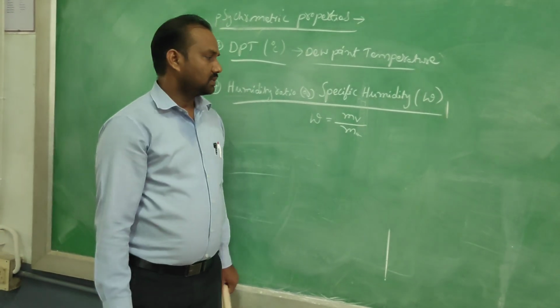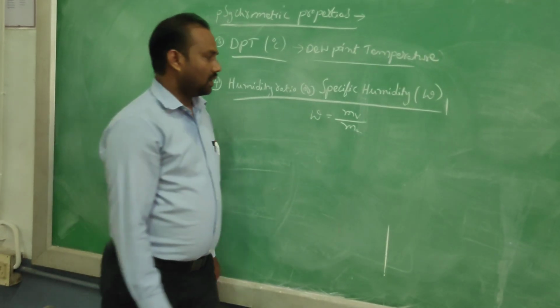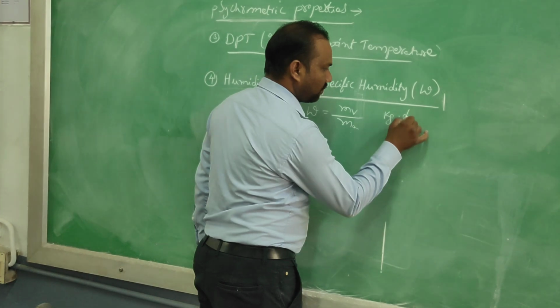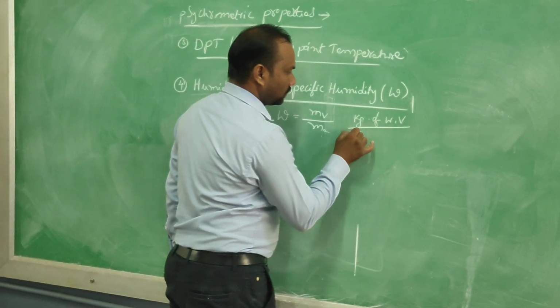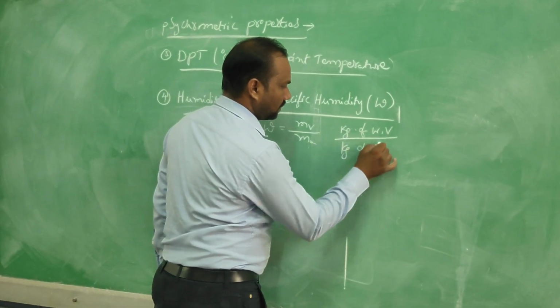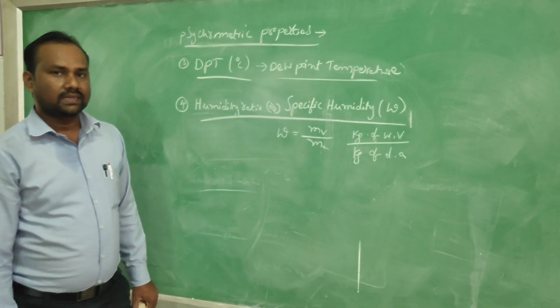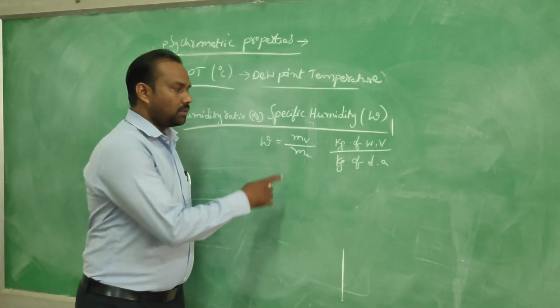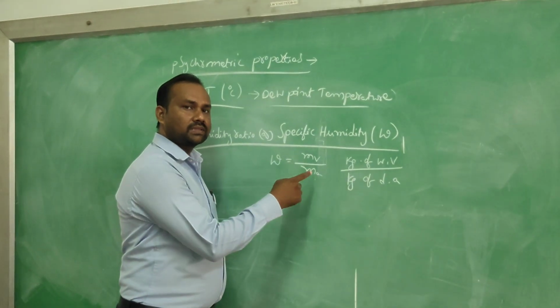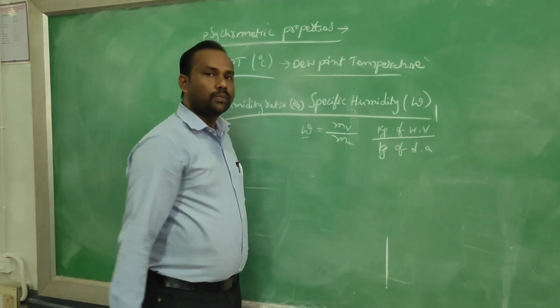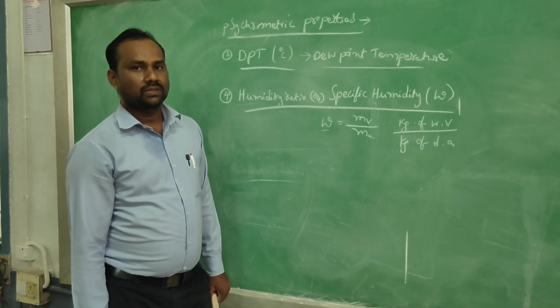That ratio is called specific humidity or humidity ratio, and it is expressed in kg of water vapor per kg of dry air. This is the unit, kg of water vapor per kg of dry air.